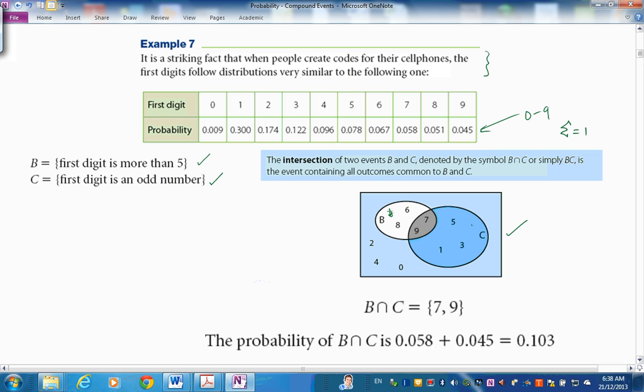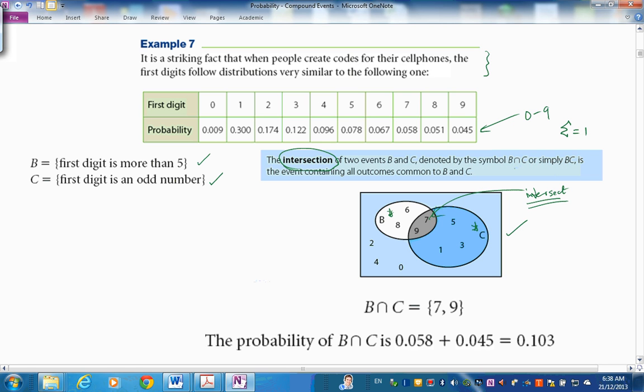C is the first digit is an odd number, so it's 1, 3, 5, 7, 9. And of course, there is an overlap here, or the two events intersect. You can see it more clearly on a diagram. You could have event B and event C occurring, and this is called the intersection.